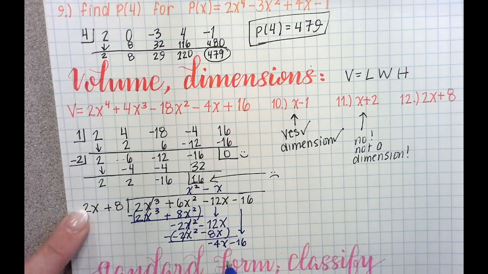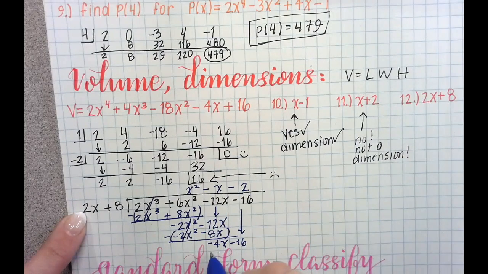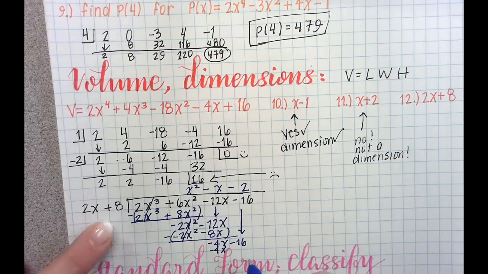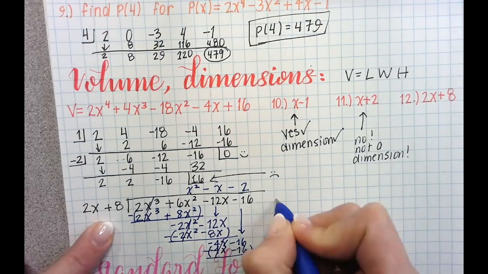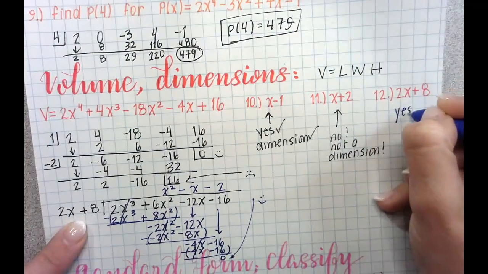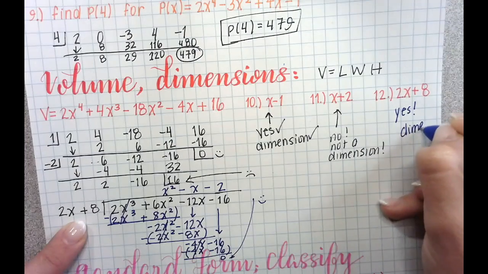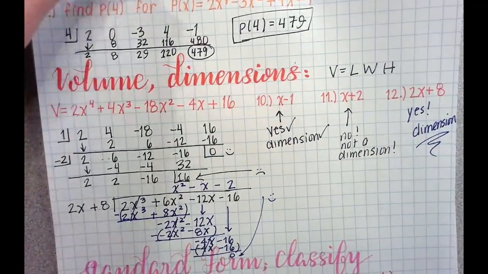Negative 4x divided by 2x is negative 2. I get negative 4x minus 16. We're done. Remainder is 0.